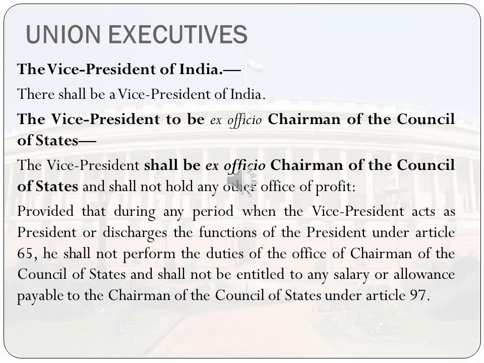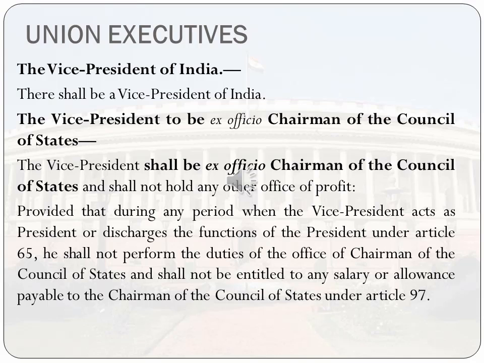Provided that during any period when the Vice President acts as the President or discharges the functions of the President under Article 65, he shall not perform the duties of the office of the Chairman of the Council of the States and shall not be entitled to any salary, emoluments and allowances payable to the Chairman of the Council of the States or Chairman of the Rajya Sabha under Article 97.